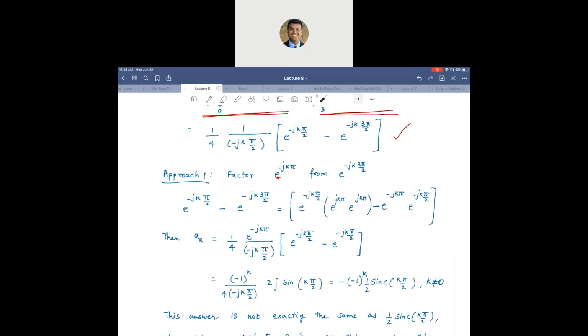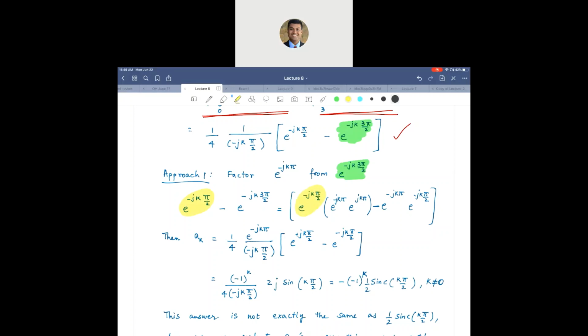If you factor e to the minus jk pi from e to the minus jk 3 pi over 2, which is that term there, you can rewrite this inside the square bracket, e to the minus jk pi over 2 minus e to the minus jk 3 pi over 2 as e to the minus jk pi over 2, same as this.